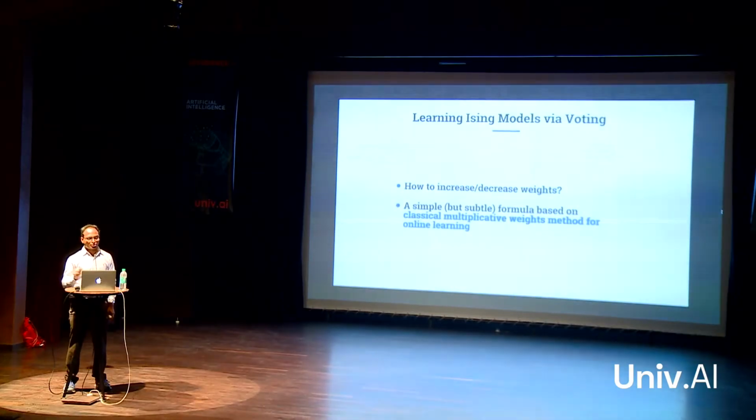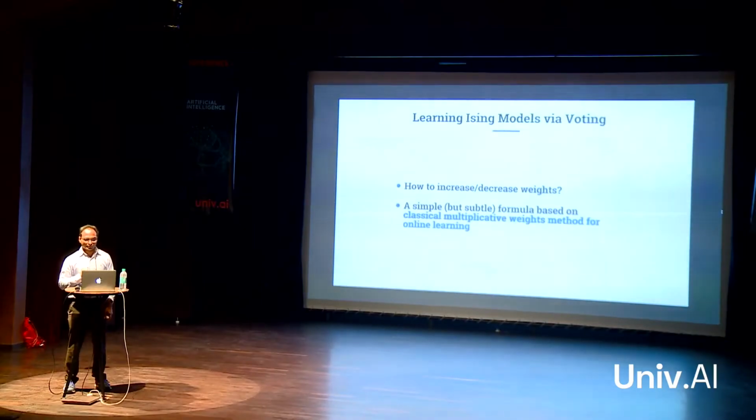The one most important thing that I haven't talked about is how do you increase or decrease the weights? It makes intuitive sense to say that, okay, if you're always agreeing with me, I'll increase my weight to you. If you're always disagreeing, then I increase my weight, but in the negative direction. Okay? But if you're fluctuating, then there should not be any correlation, so the weight should be small. So how do you update the weights?